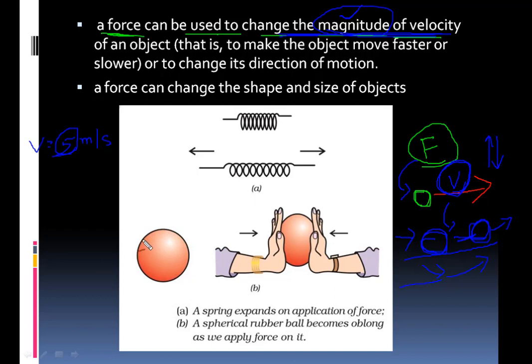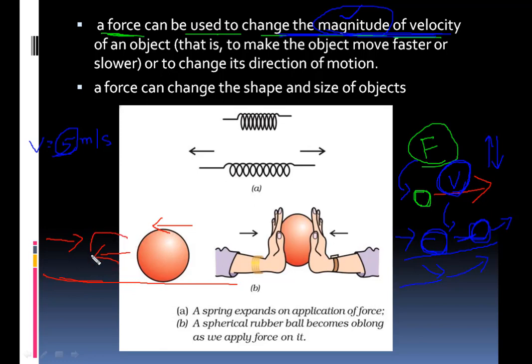Now on the other hand, suppose we take the same example. Suppose this ball is moving in this direction. Now if you try to stop it, then what will happen? You will apply force in this direction. That means you try to catch it in this direction. So to increase the velocity of the ball, you will apply force in the same direction in which it was moving.